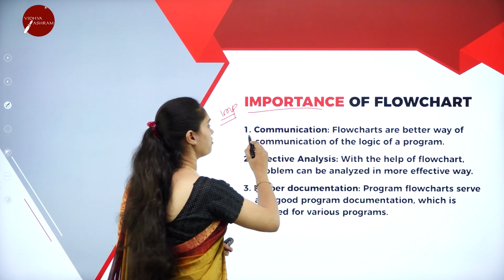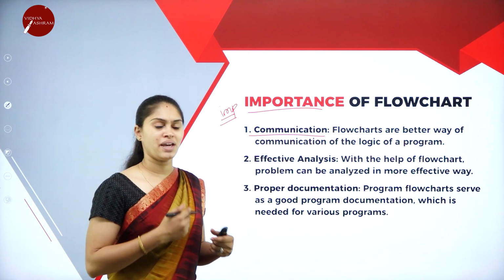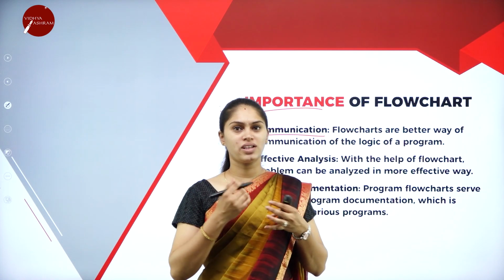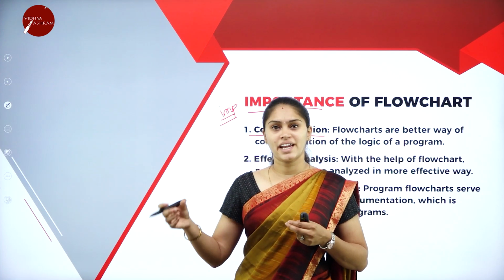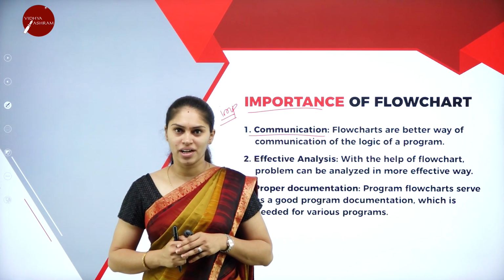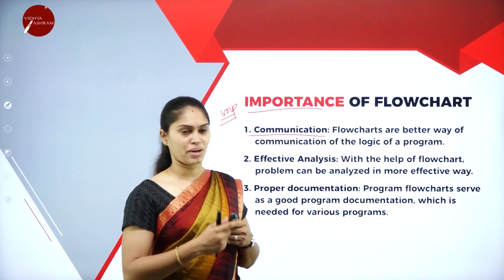The first point is communication. There must be communication between the data flow, right? If there is no communication between the data flow, then there will be no connection for the data in and out. So communication is very important in order to exchange the data or the information, right?